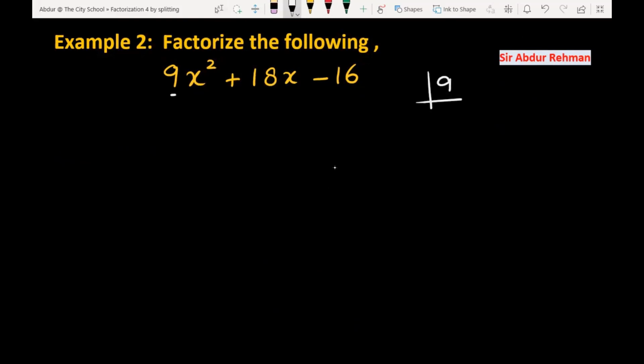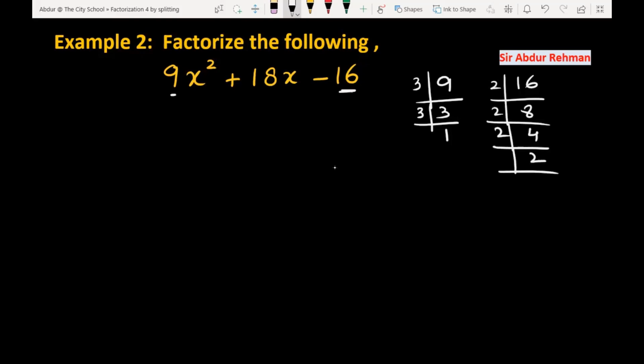The prime factors of 9 will be 3 times 3. And find the prime factors of 16, the last term: 2 times 8 is 16, 2 times 4 is 8, 2 times 2 is 4.